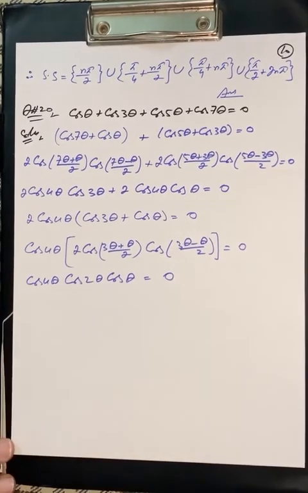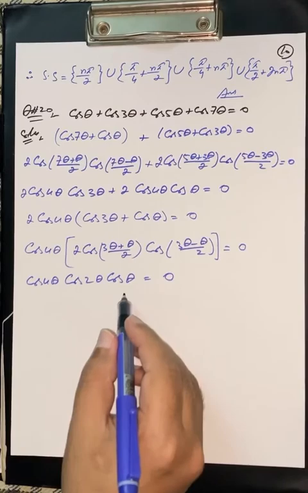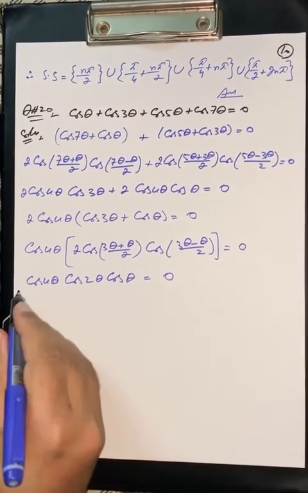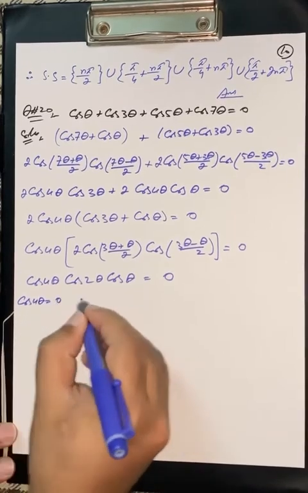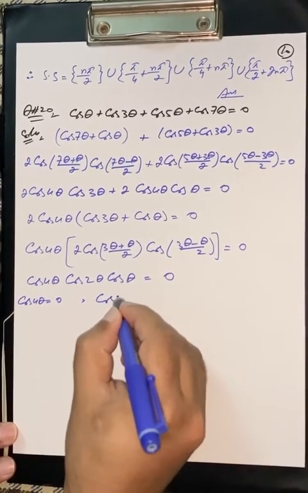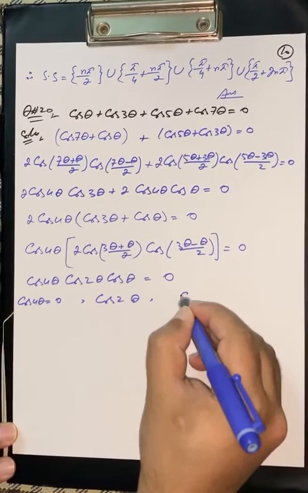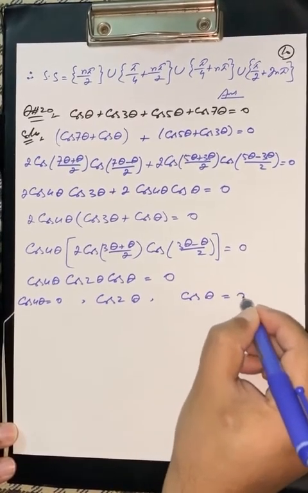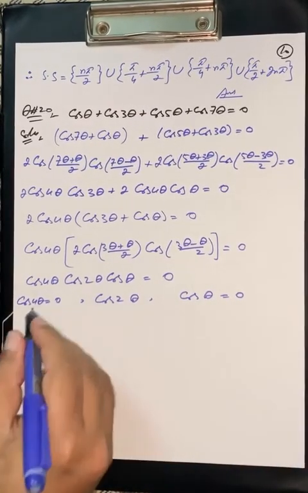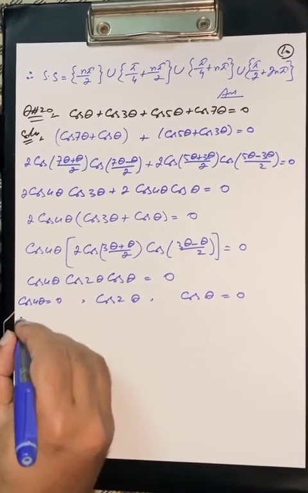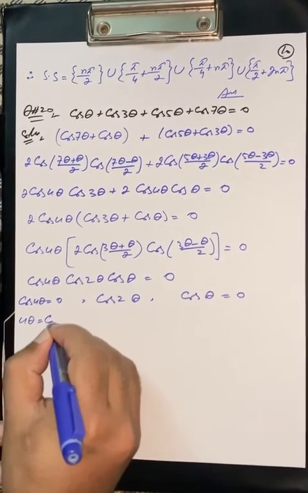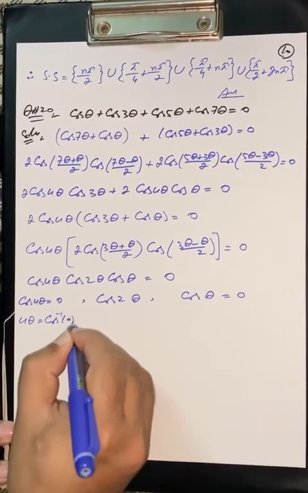Now as we solved in question number 19, same we have three products. Now we put each of them equal to 0 one by one. So first I put cos 4 theta equals 0, then cos 2 theta equals 0, then cos theta equals 0. From this cos, where do we go to find the value? 4 theta is equal to cos inverse 0.